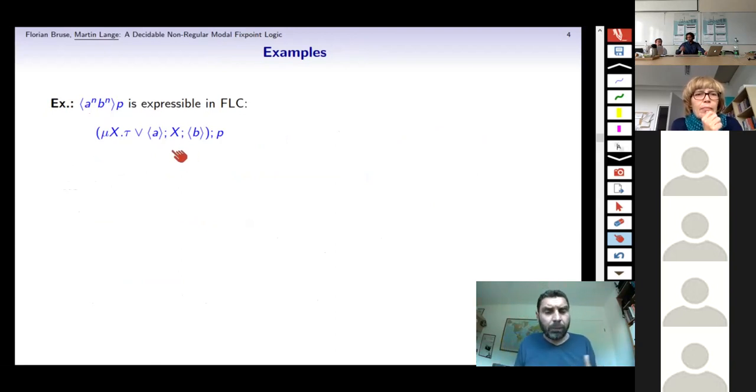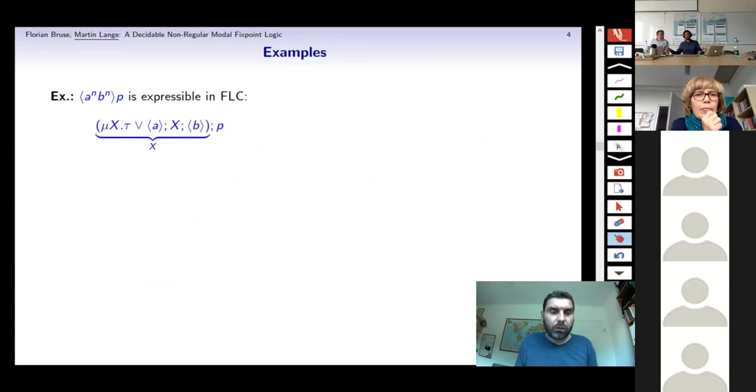Here's a formula, and let me go through this quickly so you see why this expresses this property. First, I'll use the variable x to abbreviate this entire fixed point formula, and then we can use fixed point unfolding, because a fixed point is equivalent to its unfolding. So this must be the same as tau or, and so on.